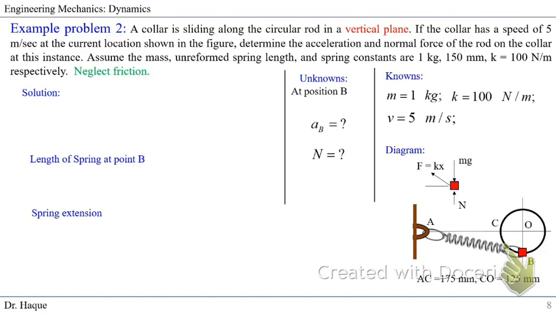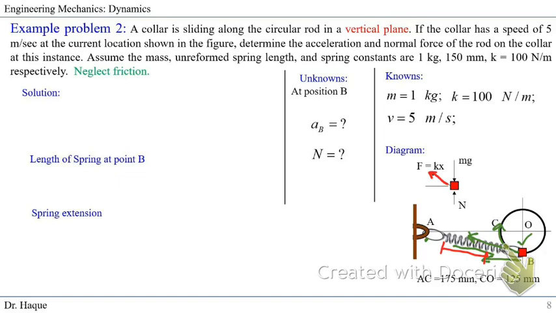Let's draw a diagram. Since the collar is attached with this spring from this fixed position, the spring is pulling the collar in this direction, but the collar can only move along the rod. So exactly at this point there is a pulling force by the spring, which is proportional to how much the spring is elongated from its original position.